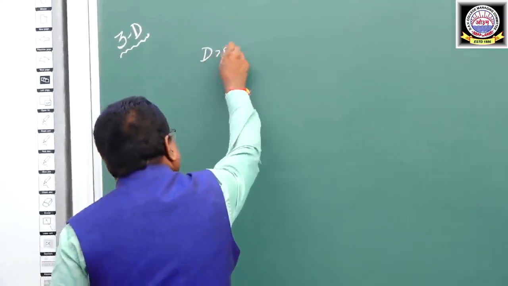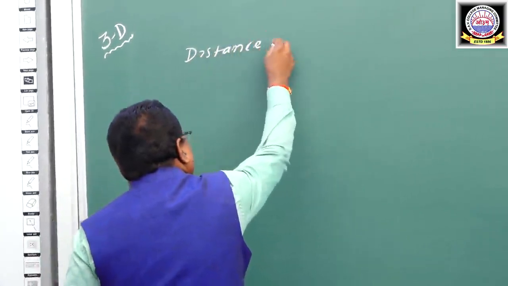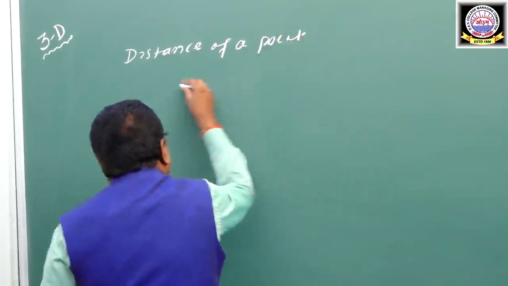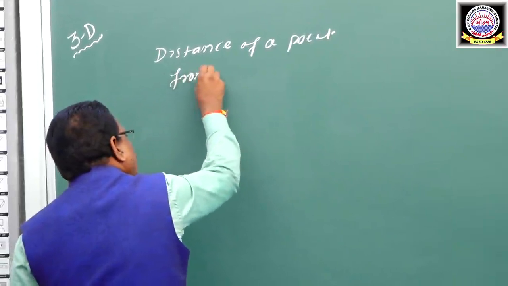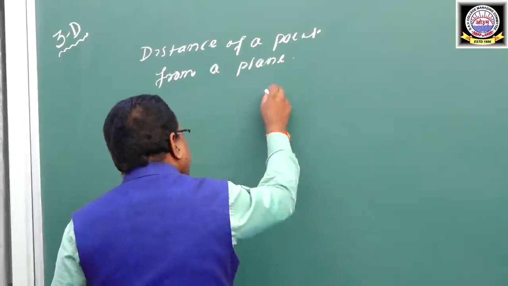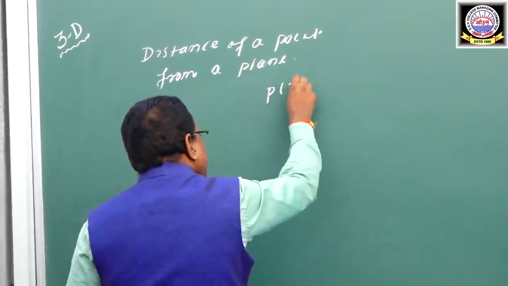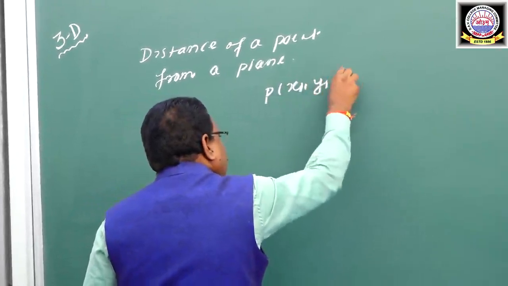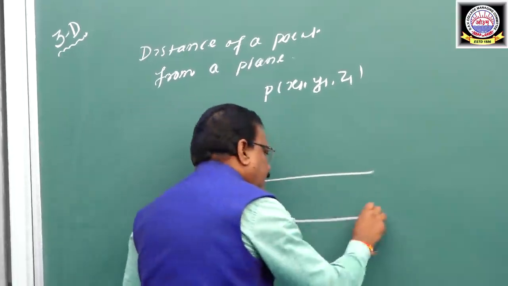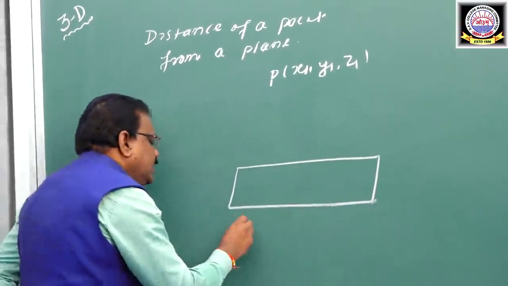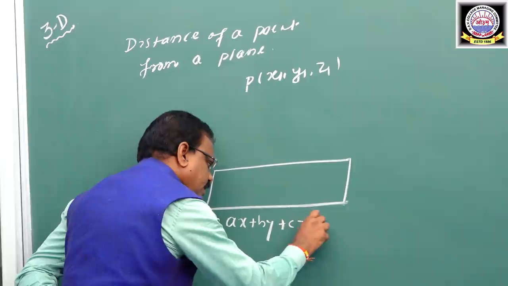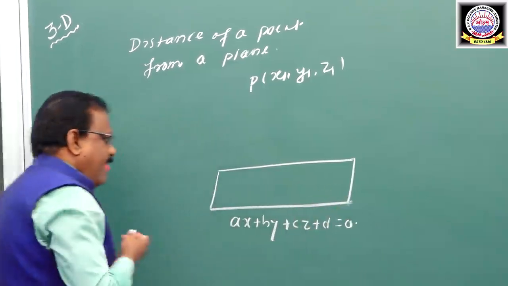Distance of a point from a plane. Let us see the distance of the point P. Suppose the coordinates of P are x1, y1, z1, and suppose the plane is ax plus by plus cz plus d equals 0.